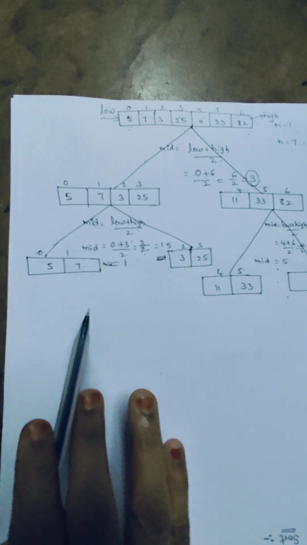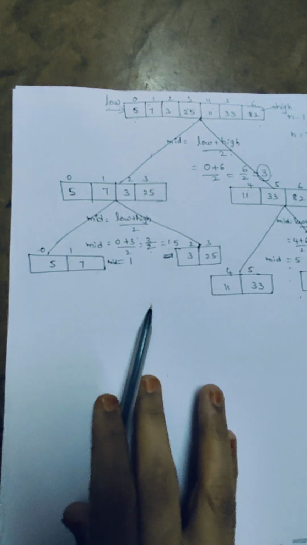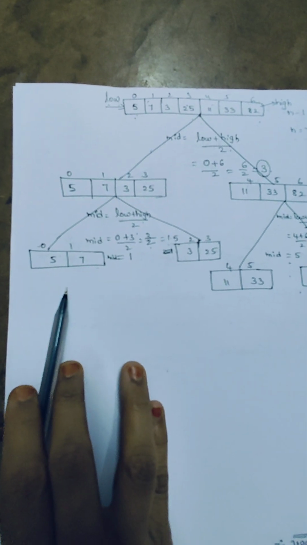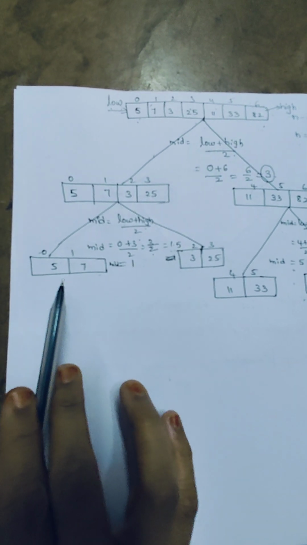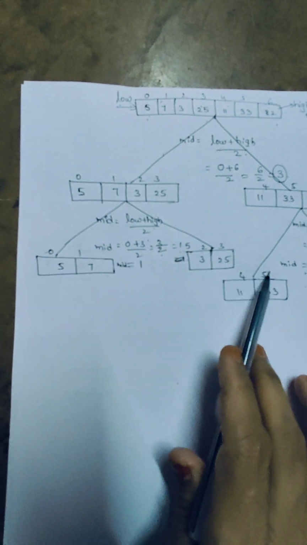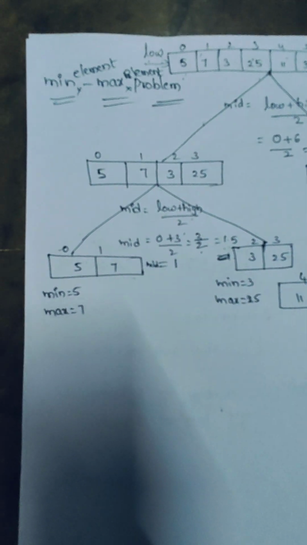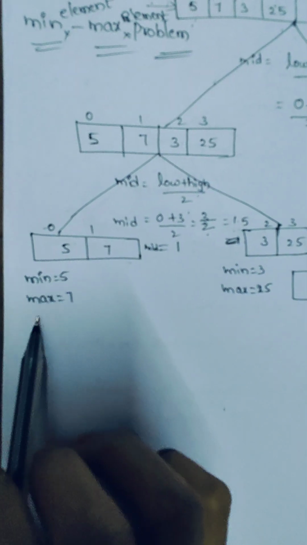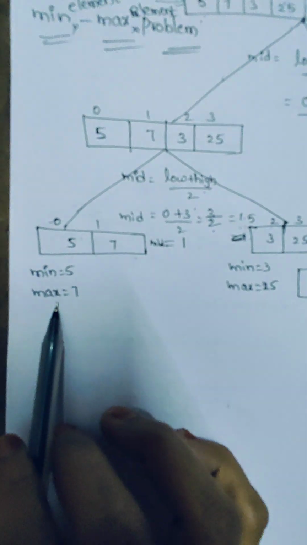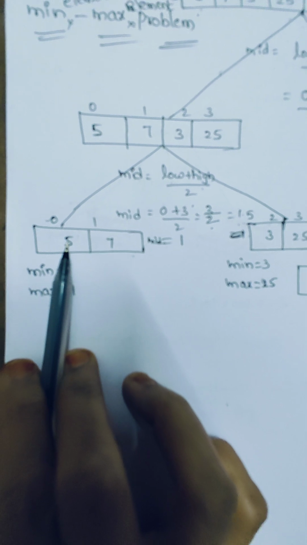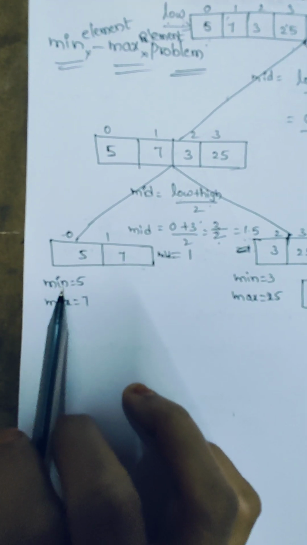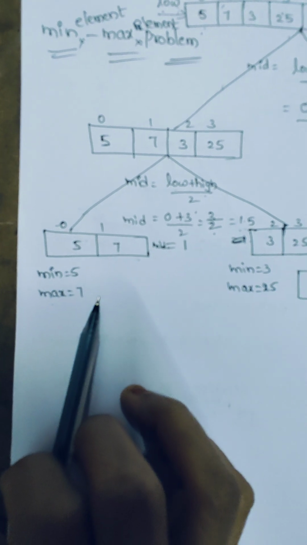While merging, the concept is min and max. So while merging we need to find the min element and the max element in each subarray. So here I found the minimum element is 5 and the maximum element is 7. All of you know what the lesser value and the bigger value are. So min equal to 5, max equal to 7.